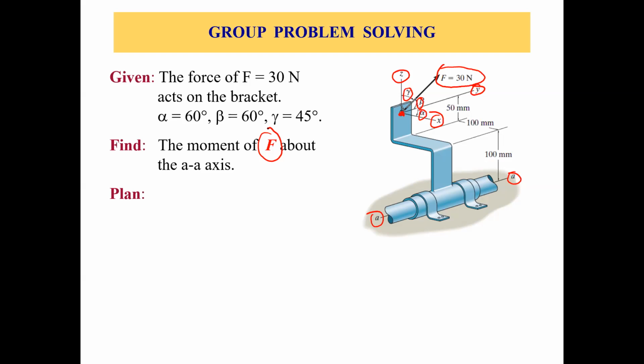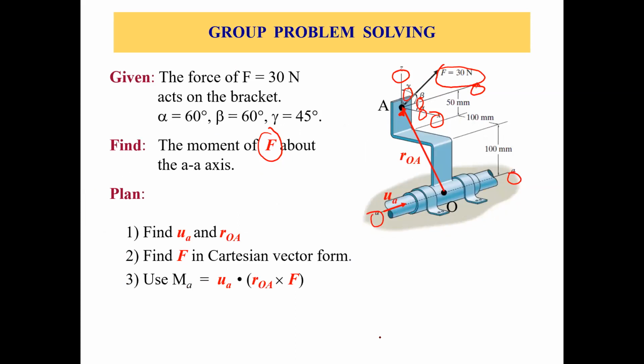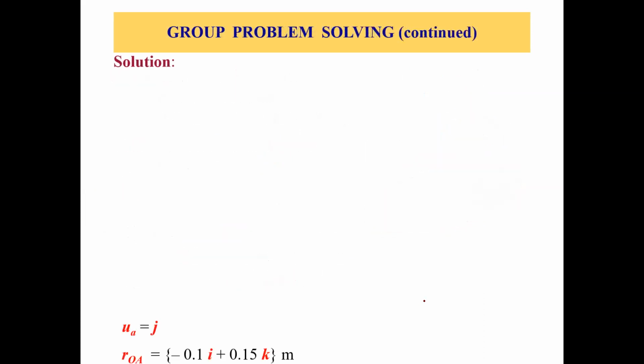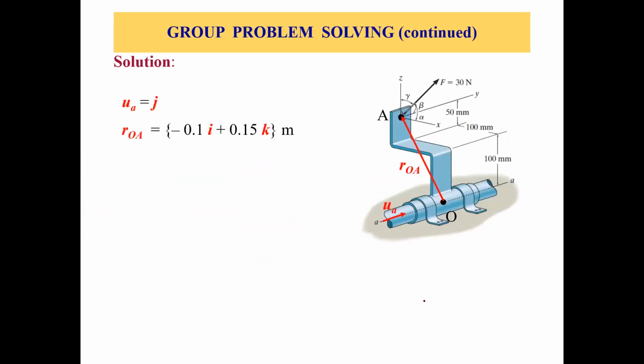If we have these three, we can find M sub a. So find u sub a, find r_OA, find F in Cartesian form, and use this triple scalar product to find M sub a. All right, let's move forward.